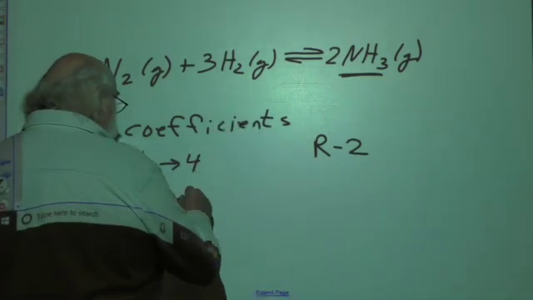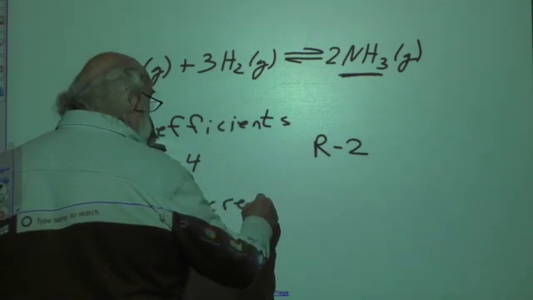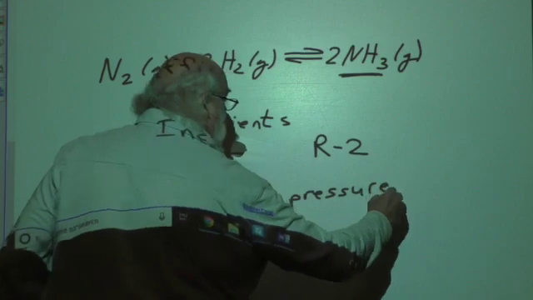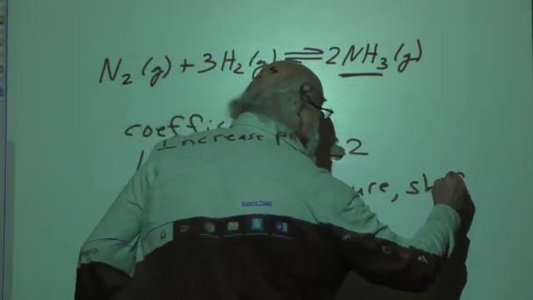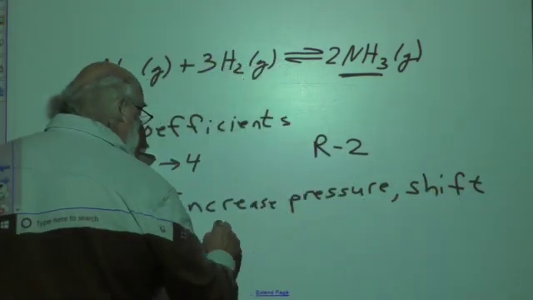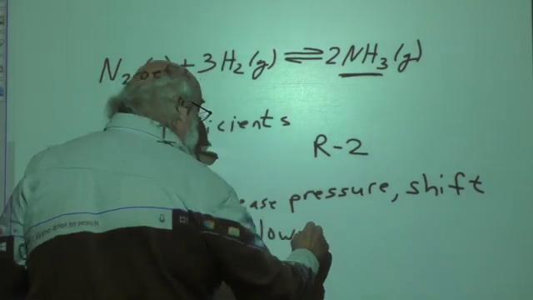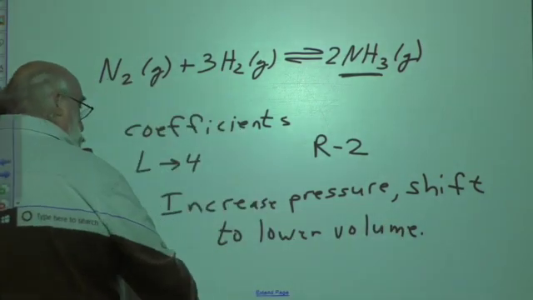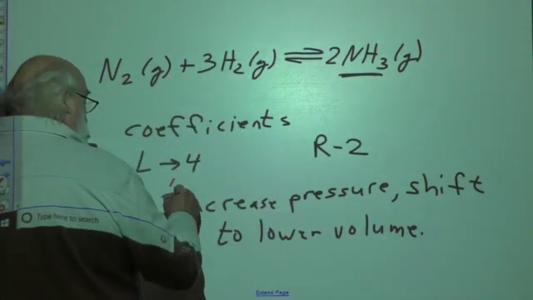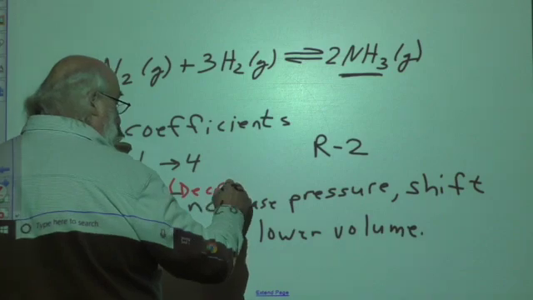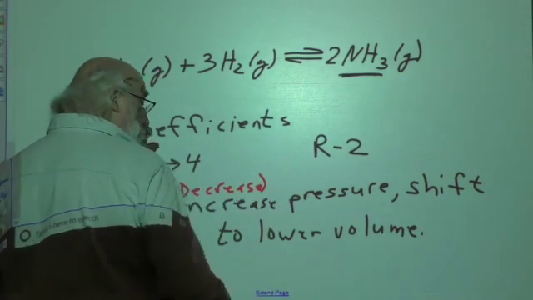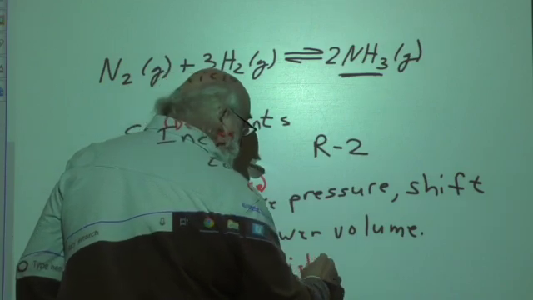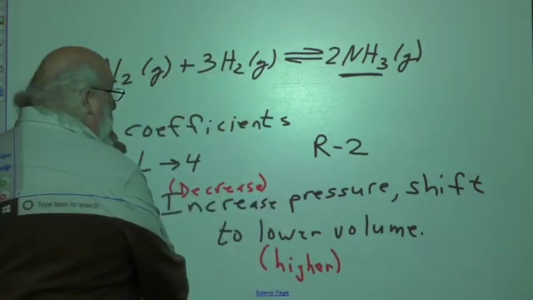So increase pressure, shift to lower volume. And likewise, if you decrease the pressure, you're going to shift to the higher volume because of the inverse relationship between pressure and volume.